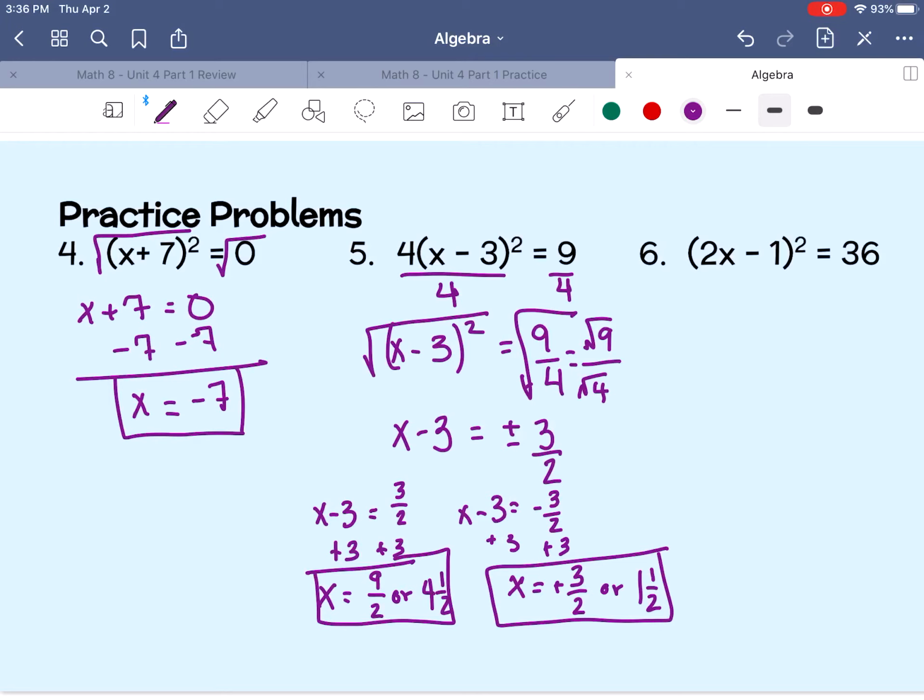Okay. On my last problem, square root both sides. Oopsie, got a little ahead of myself. Okay. So 2x minus 1 could equal positive 6. So I'll go ahead and solve that first.